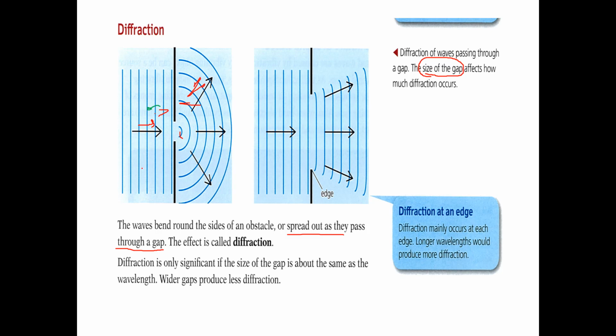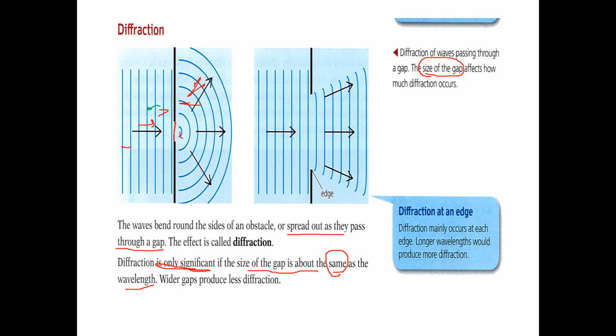It will be better. So diffraction is only significant if the size of the gap is about the same as the wavelength. If we come here, the wavelength is what? It's the distance from here to here. This is the wavelength, and this is the gap. This is the length of it.